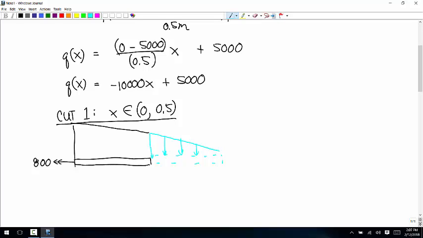The part that we're chopping off means that instead of this being a triangle, it's a trapezoid. It ends up being a real pain. The good news is we do know what the value is over here. That's 5,000 at the highest point. And then we have the internal loads: tension, shear force, bending moment, torque.